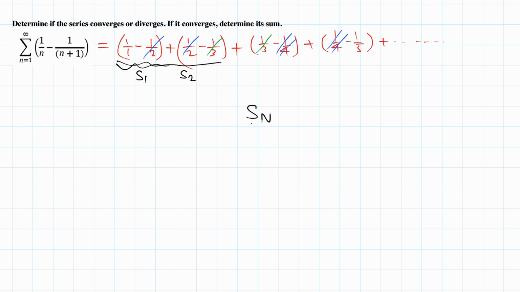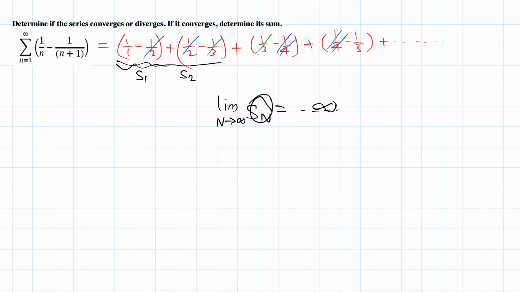N could be like 10 or 20. We find this one, and then using calculus 1, we let n go to infinity. That means we are capturing all infinitely many terms, and whatever comes out will be the sum. If it is a finite number, then the series converges and we have the sum. But if it comes out to be infinity, then the series diverges.